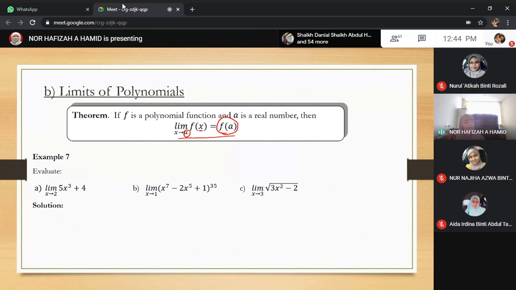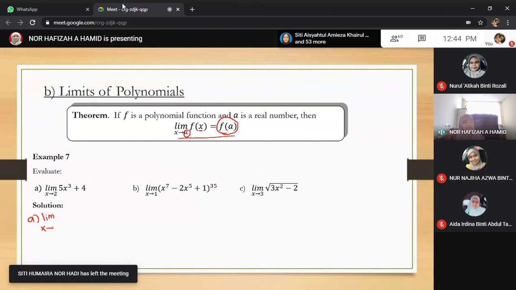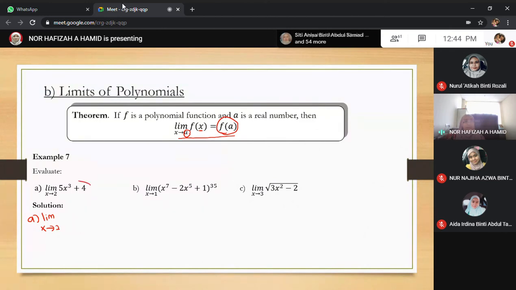Okay. So saya ambil one example for a. Okay, so kita nak compute limit when x approach to 2. So yang ni tak perlu calculate yang one sided, so kalau dia bagi function, you terus calculate je terus yang two sided. So no need to calculate yang 2 plus and 2 minus tu. Okay, so limit x approach to 2, so function is 5x cube plus 4.